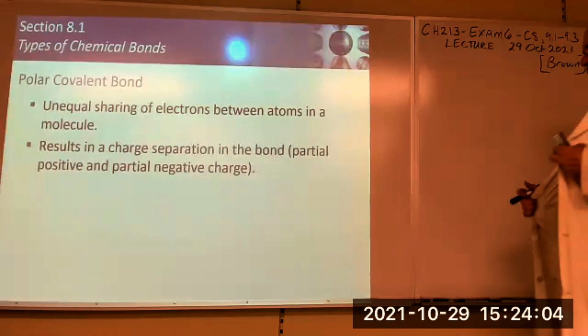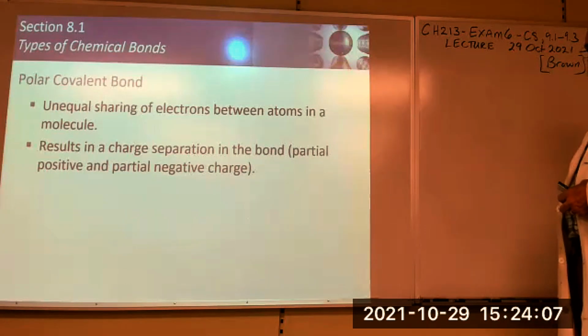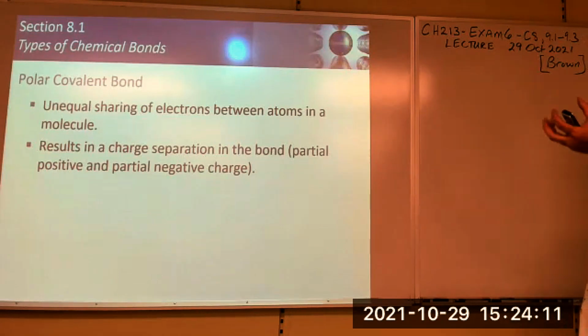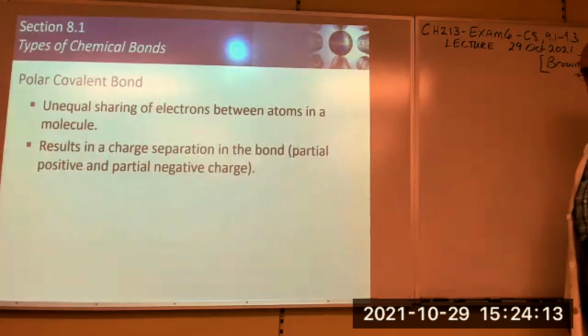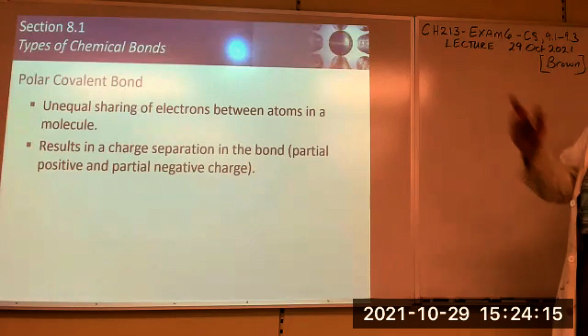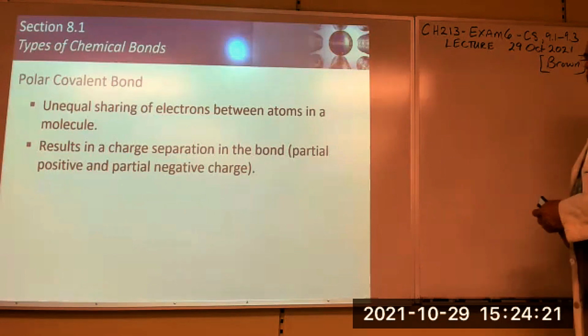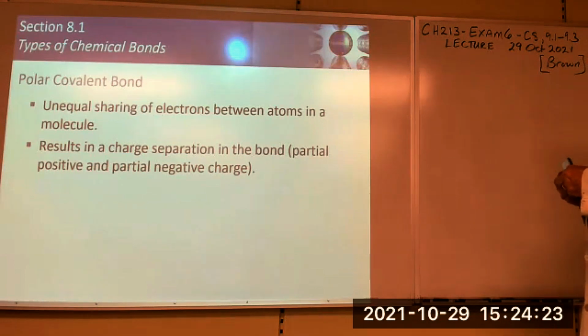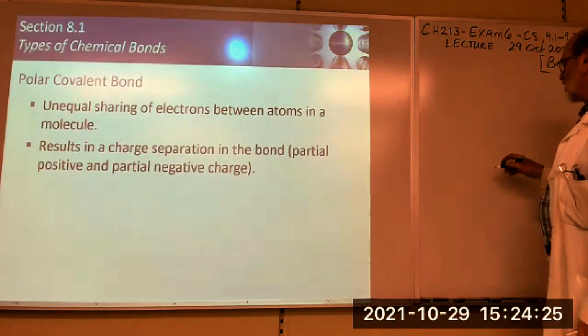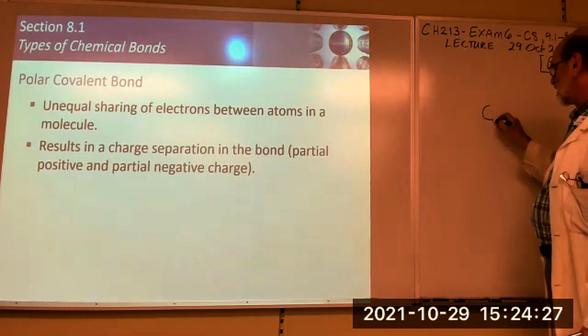But maybe the electron spends more time in my neighborhood because I have a stronger pull on electrons. Like I'm the grandparent and you're the parent, so your kids don't like you yet. They like me because I give them stuff. So that forms an uneven distribution of electron density.